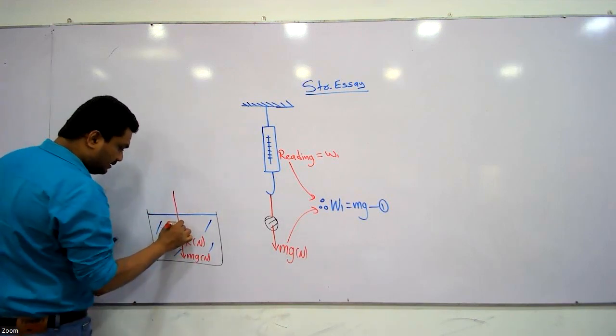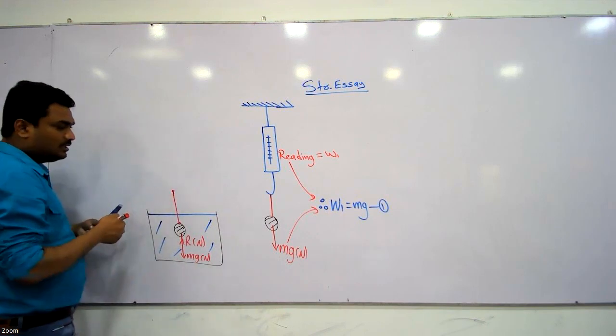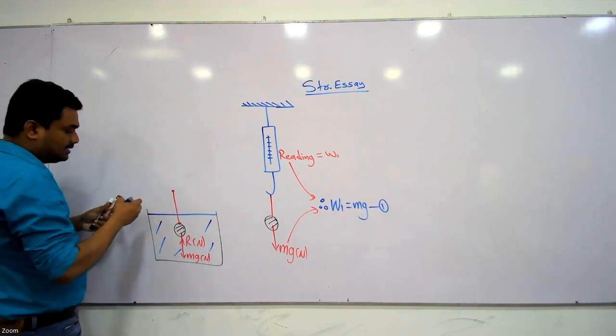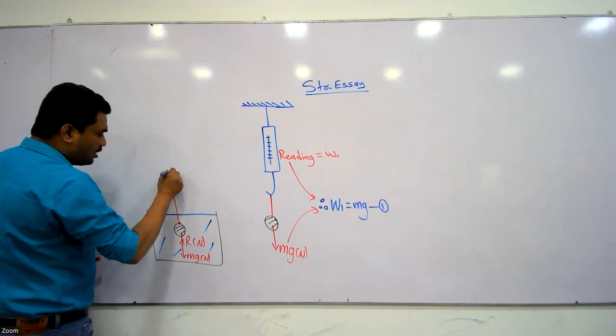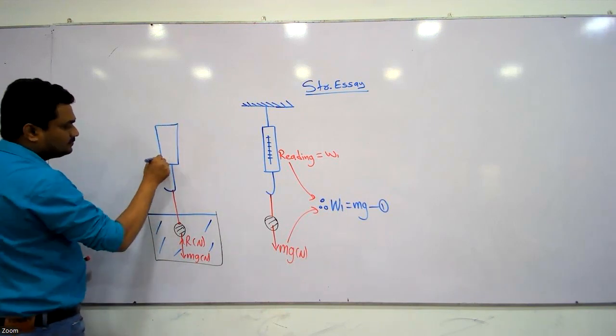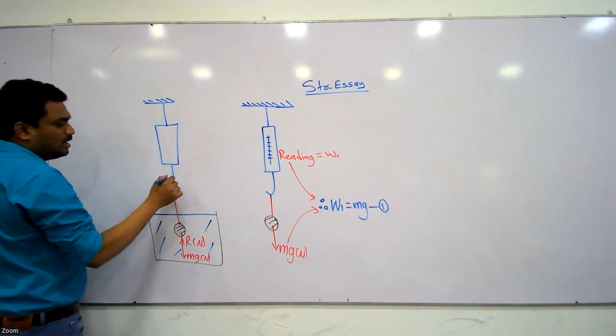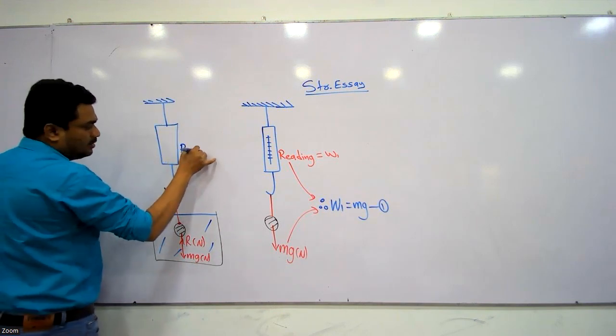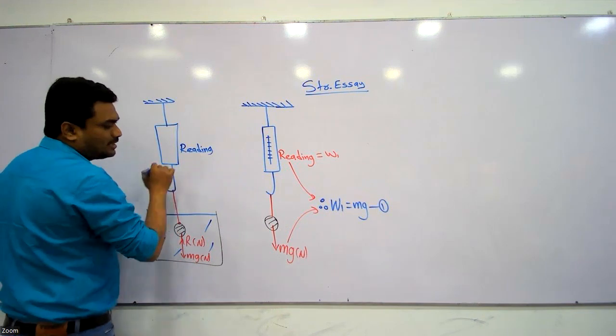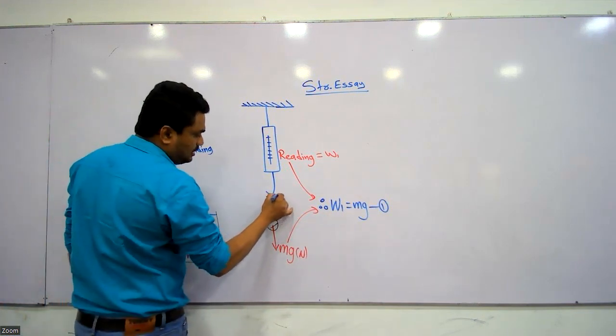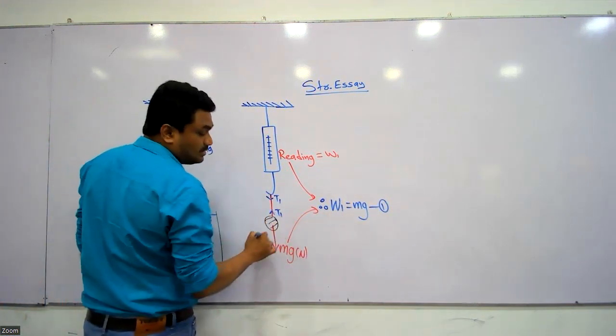Right? This is a string. From this string, the ball is connected to the hook of the balance. So now the reading of the balance is actually equal to the tension. Here also this tension is T1.